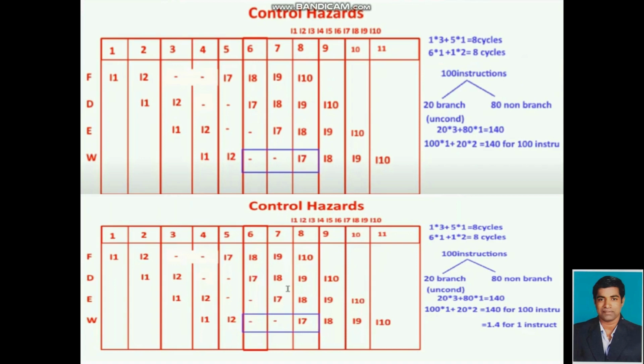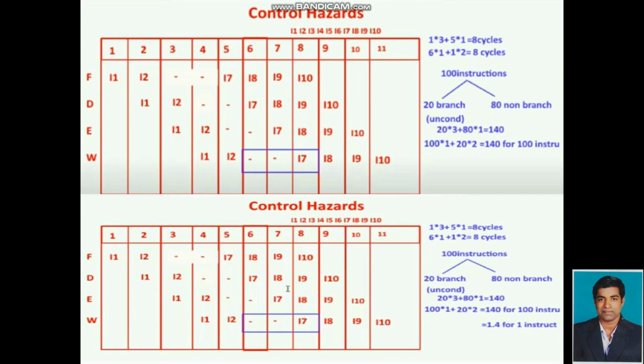Let us assume the program contains 100 instructions in which 20 are branch taken and 80 are non-branching instructions. Non-branching instructions, without any comparison and branch taken comparison operations, take 80 into 1, 1 cycle each, whereas branching instructions require 2 cycles of comparison and branch taken delay.